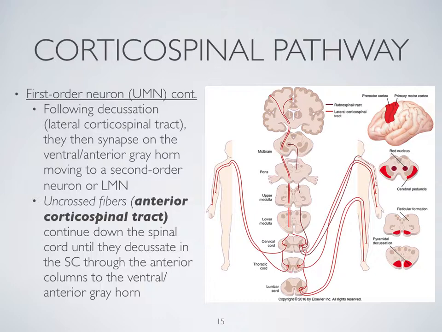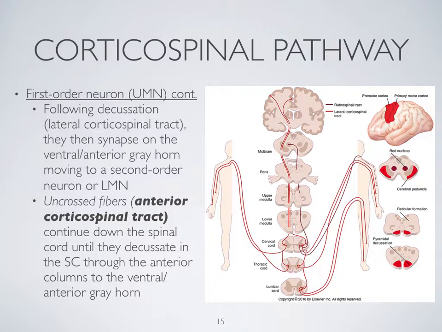There's not an example on this slide of this figure, but if we imagine we get to that pyramidal level, it keeps going down through that white matter, and say it decides on that thoracic cord segment, then it's going to jump over to the opposite or contralateral ventral gray horn and synapse with the cell body of a lower motor neuron. Okay.